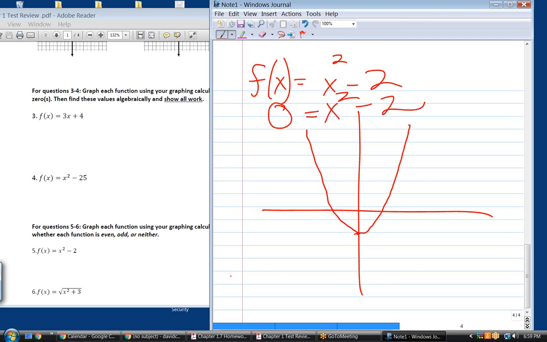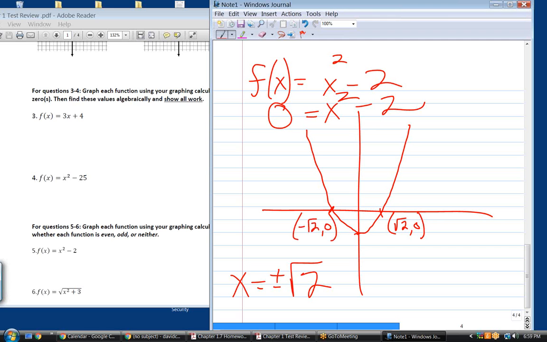Well, when I solve that, I get x equals plus or minus the square root of 2, which tells me that this value right there is plus square root of 2, comma 0. This value right here is minus square root of 2, comma 0.